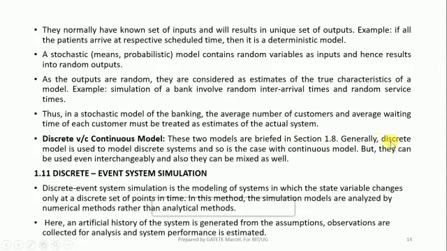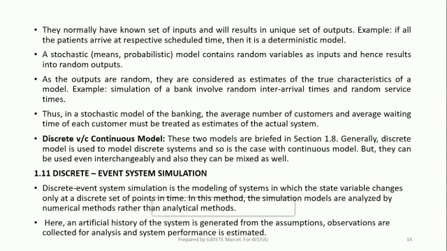A discrete model, we saw, is a model whose variables change at a point in time, but sometimes they won't change. It means they will stay unchanged for some time and they will change at the following time.